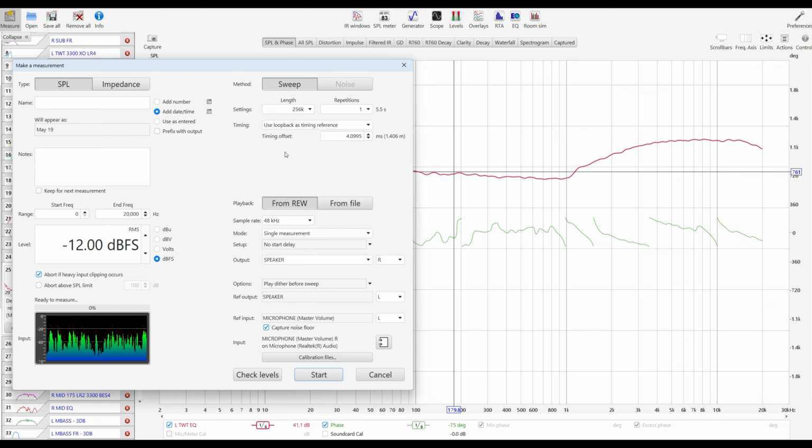So what I always do is, if I'm using sweeps, I will take the first sweep, estimate the IR delay, and it will give me the timing offset.